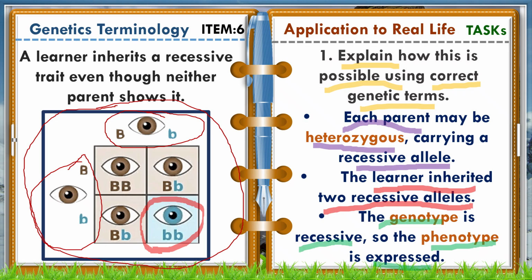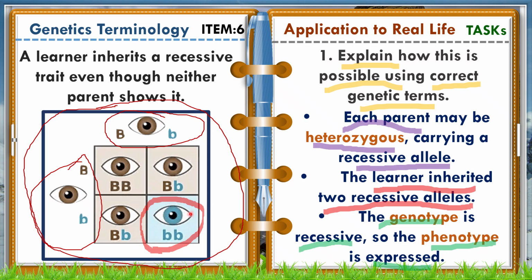So we say that a dominant trait is expressed by the presence of one dominant allele. If there is at least one dominant allele, a dominant trait is going to be expressed. A recessive trait will only express itself in the presence of 2 recessive alleles.